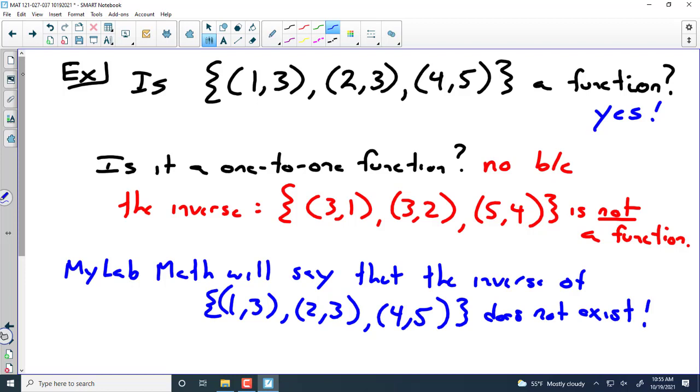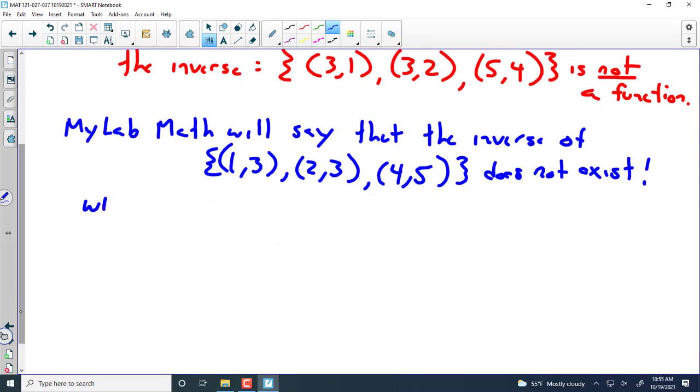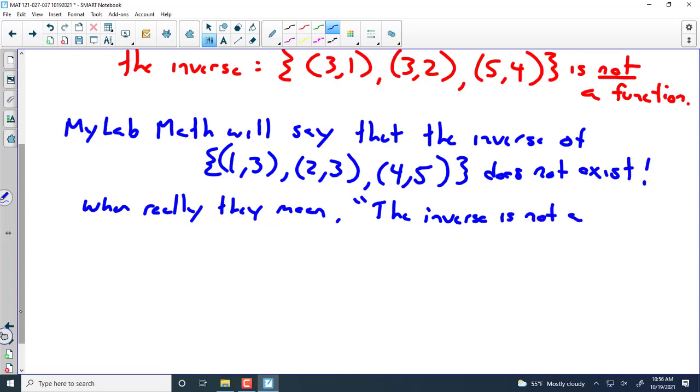The math homework is going to say the inverse of that does not exist, when really what they mean is the inverse is not a function. So you have to watch out for that when you're doing your homework, everyone. If they ever start saying the inverse doesn't exist, what they really mean is the inverse is not a function.